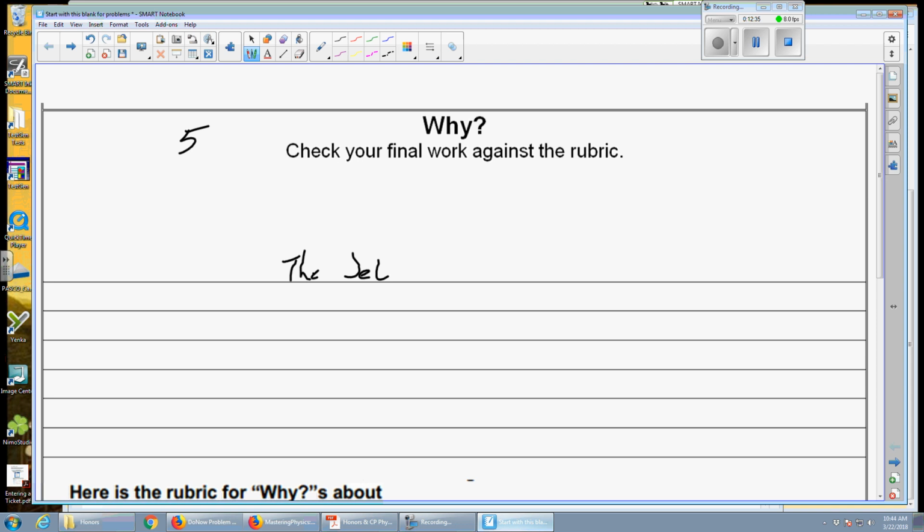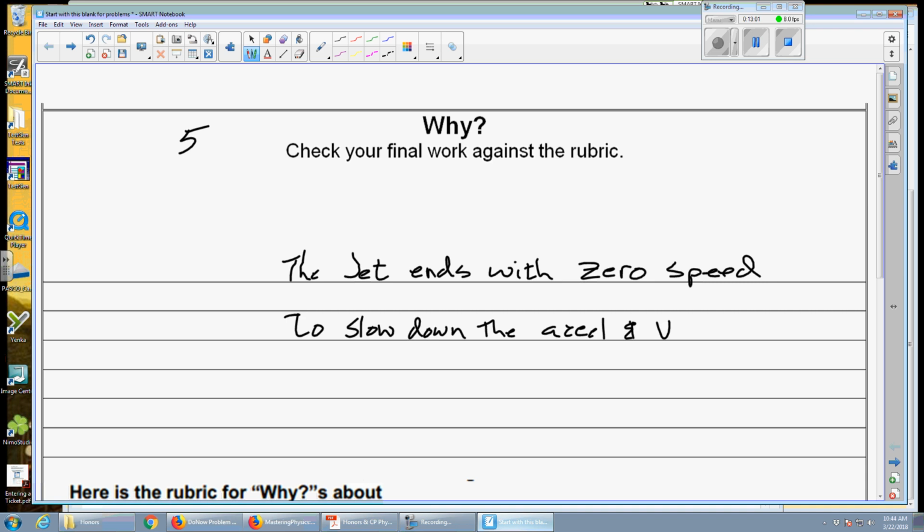The jet ends with 0 speed. Then I also would probably include something like, to slow down, the acceleration and velocity must be in opposite directions, right?